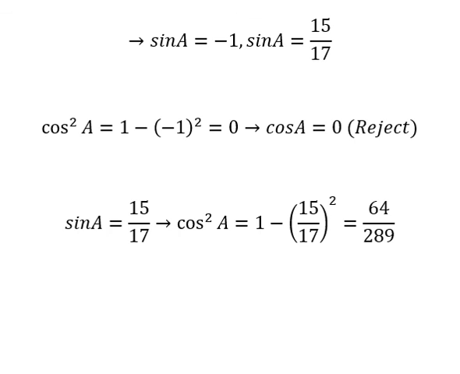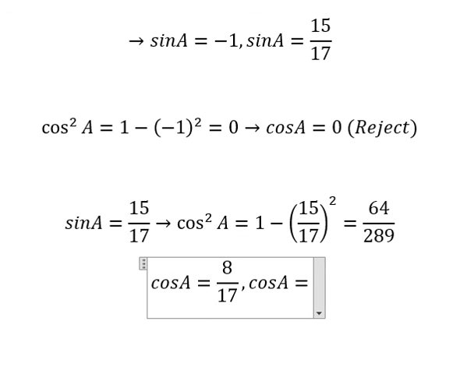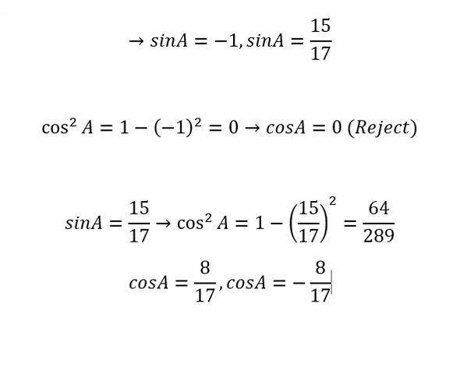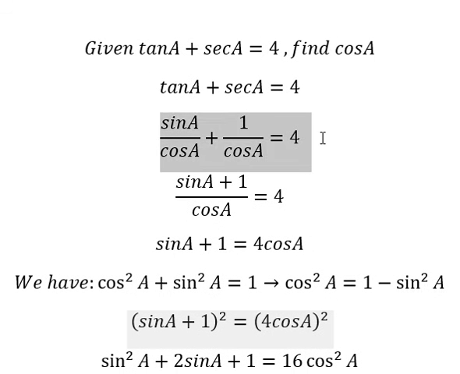If we take the square root on both sides, we have cosine A equals 8 over 17, and cosine A equals negative 8 over 17. So we go back to this one.